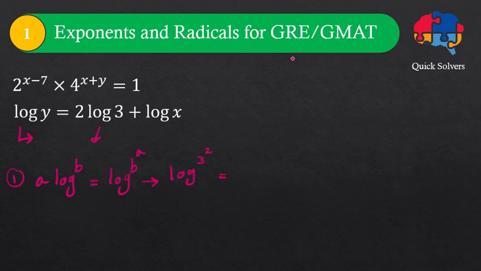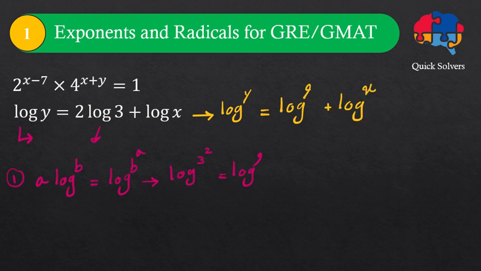And we know 3 to the power of 2 is 9, so this is actually log of 9. I can rewrite this as log of y equals log of 9 plus log of x.